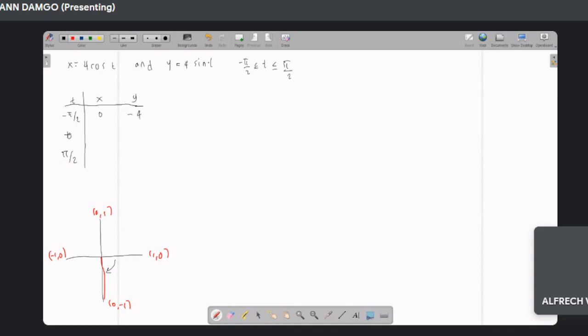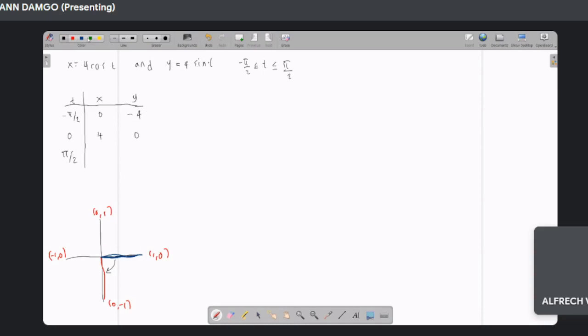When t is 0, we have cosine 0, so it is a 0 angle. The coordinates are 1, 0, so x is 4 times 1, and the sine here is 0.